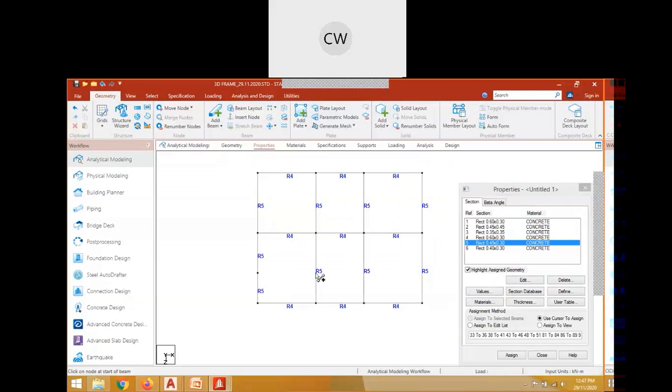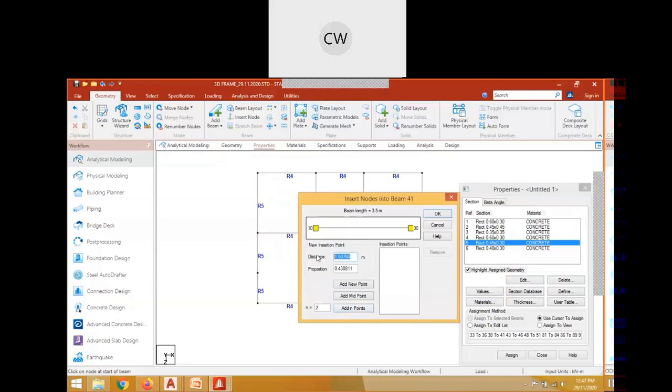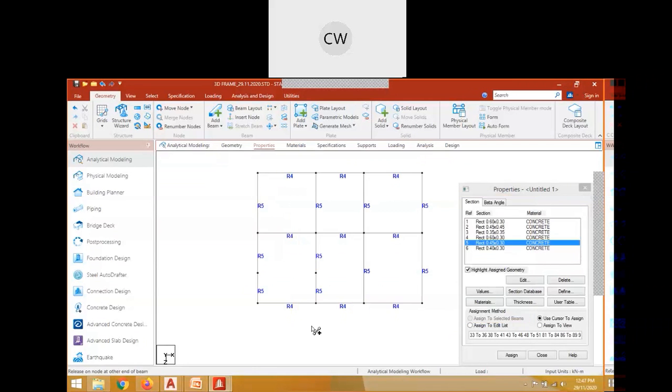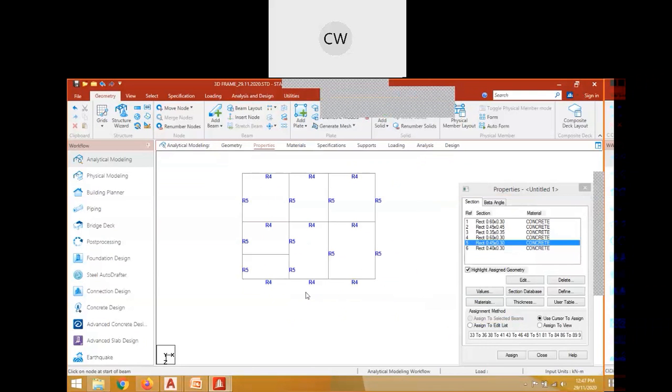Similarly, here also you can create a new point with 1.5 meter distance, say add new point, and say okay. Now you can connect like this, so this beam is connected. Otherwise, you can replicate this also, not an issue.